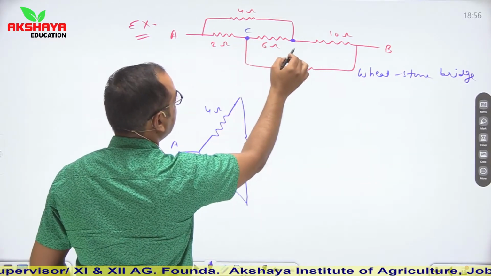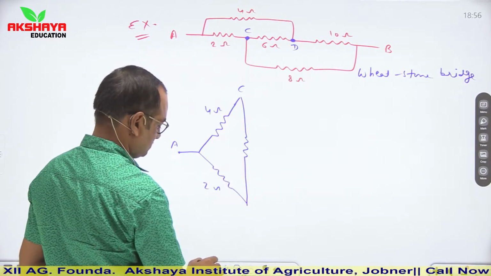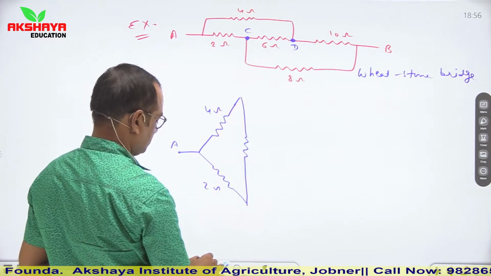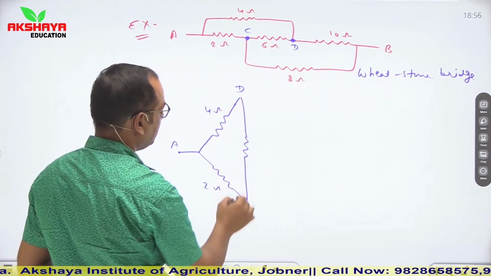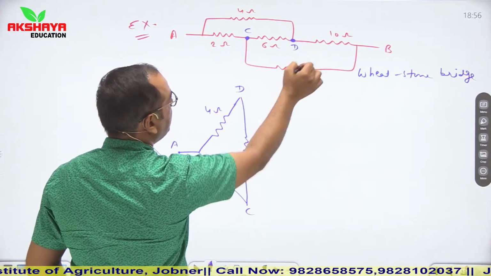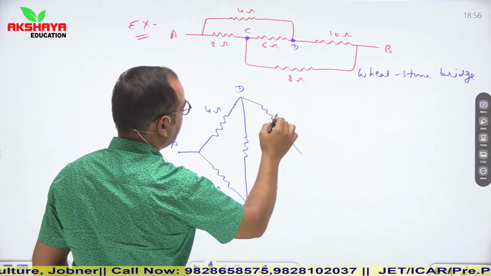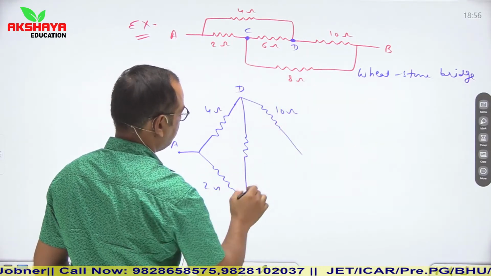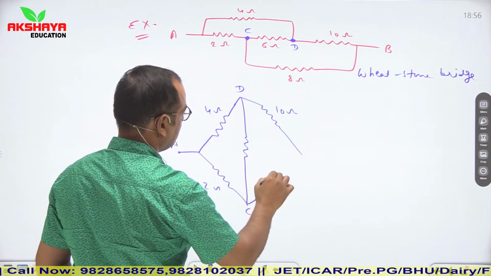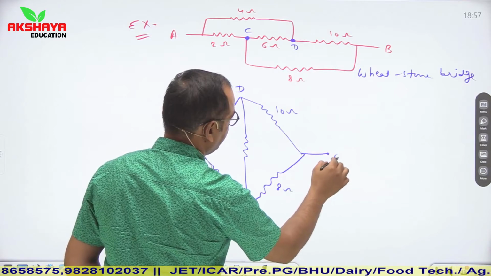Let us say this is end C and this is D. Now this 10 ohm and 8 ohm are again in two branches here. So let us see, this is 10 ohms and this is 8 ohms, and this is the point B.